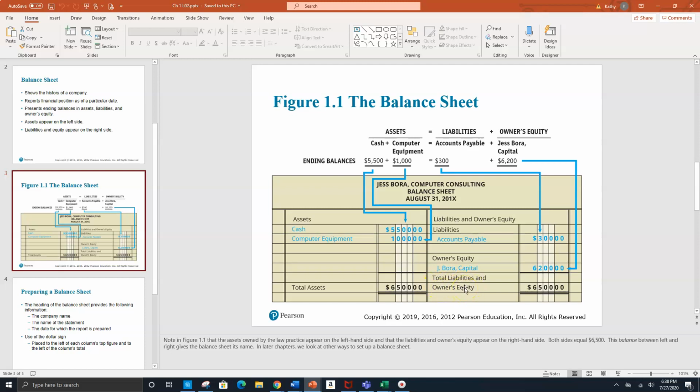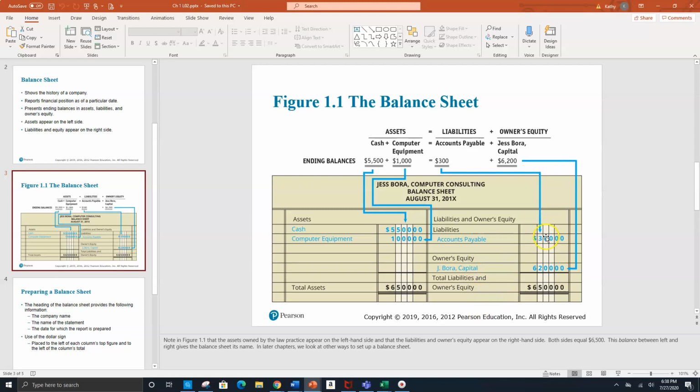Looking at this, you can see why it's so important to know which accounts are assets, which are liabilities, and which are owner's equity. To do your financial statements, it's really important that you know the rules of accounting, and a lot of it is just memorization.